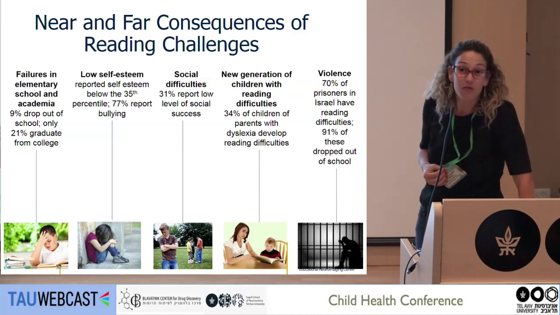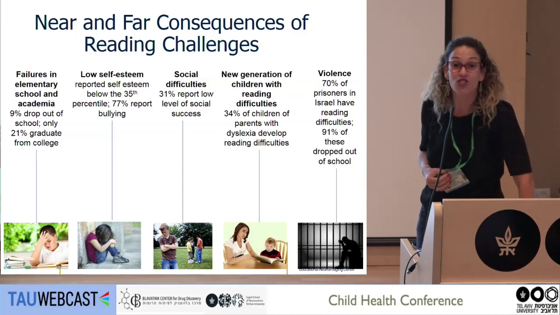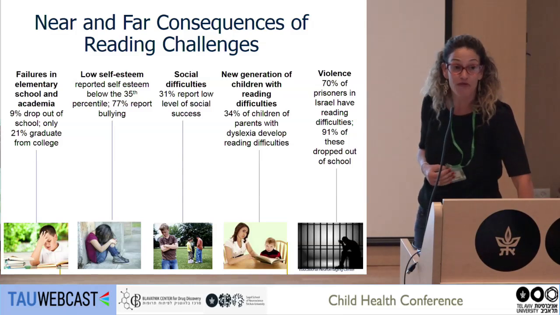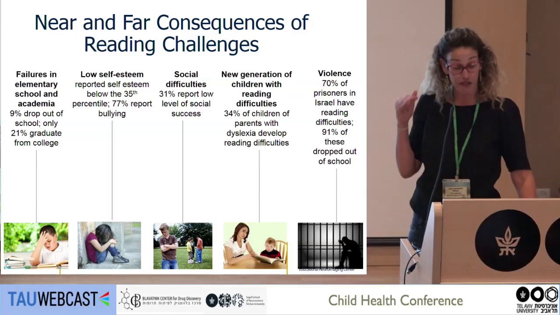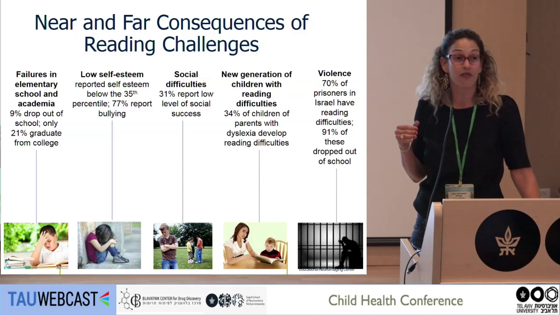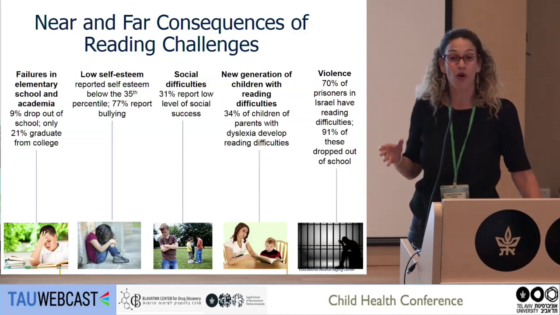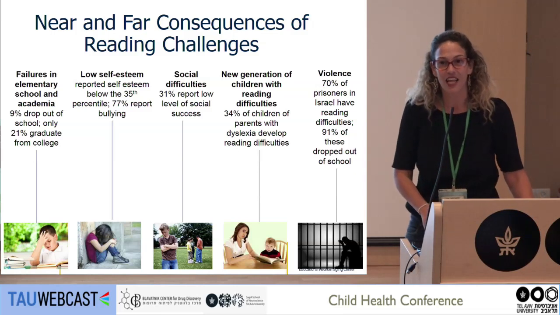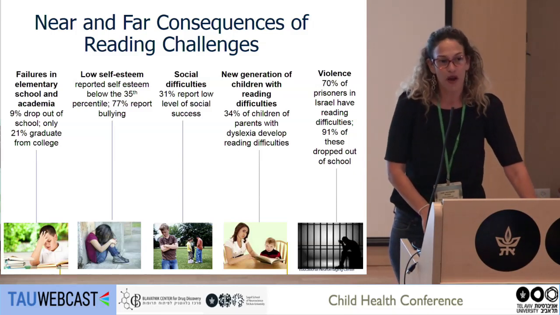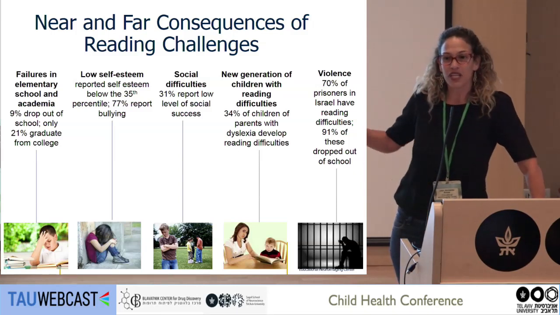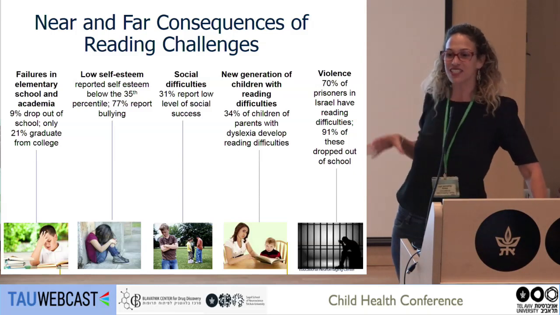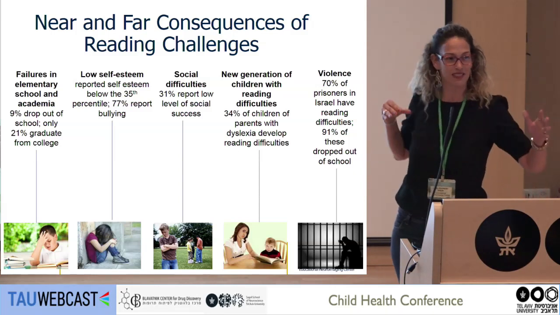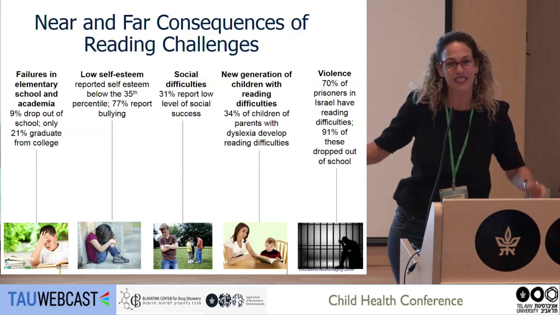And why is it important? Because children who fail to achieve reading ability in a proficient way have social problems, emotional problems, and of course academic issues. And Americans, I still work in the States, so I keep hearing the statistics about what will happen 10 years from now.